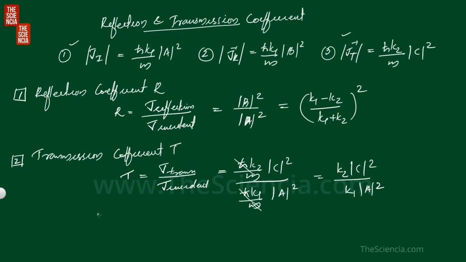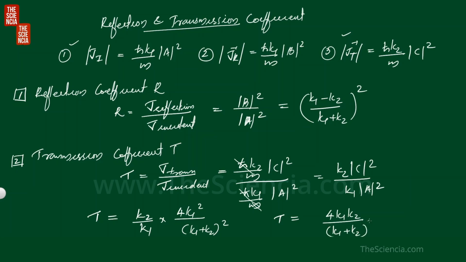So the transmission coefficient T is equal to K2 by K1 into 4 K1 square by K1 plus K2 all square. That is, T is equal to 4 K1 K2 by K1 plus K2 all square.